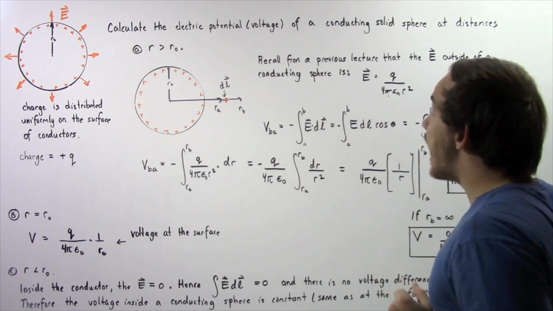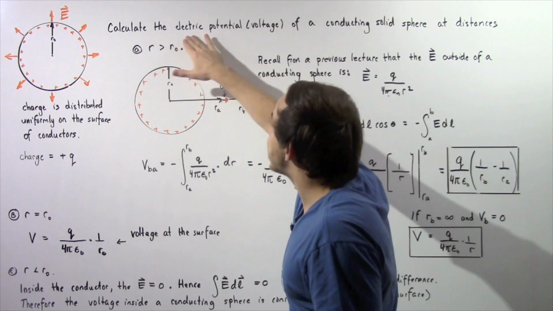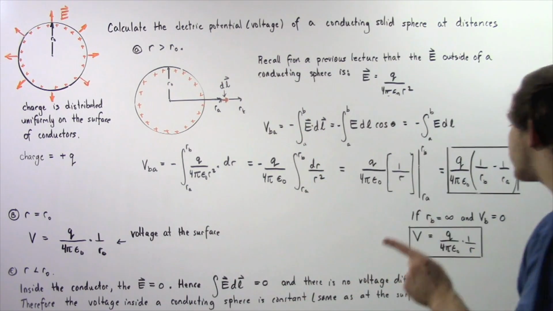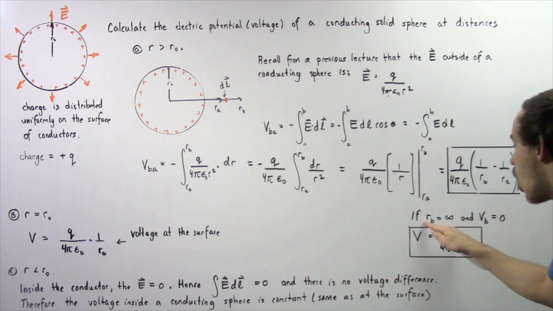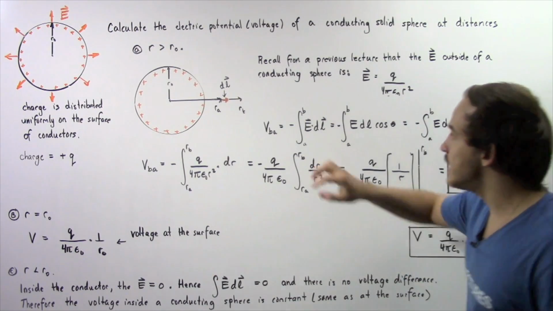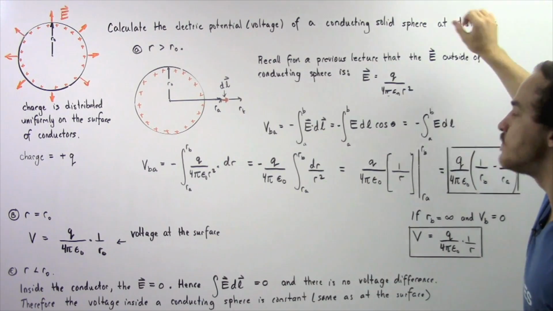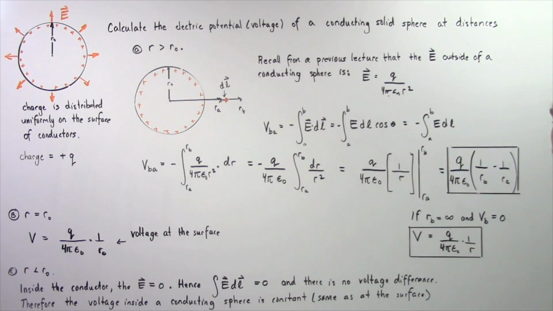Now, what we want to calculate is the electric potential, or simply the voltage. So let's make the assumption that when our RB approaches infinity, when this point is somewhere very, very far away, in fact, infinitely far away, our voltage at that point is assumed to be 0.